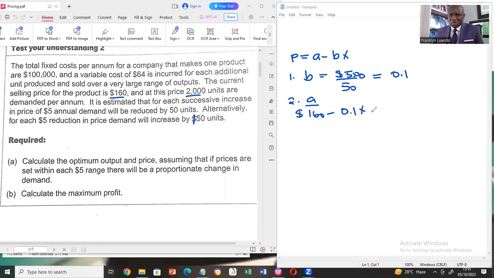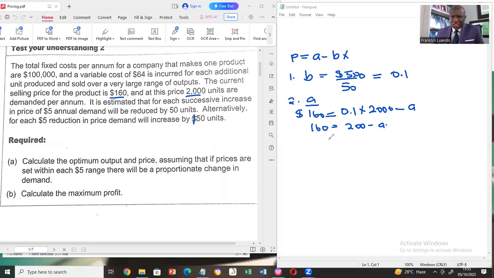So 160 equals A minus 0.1 multiplied by 2,000, which is A minus 200.